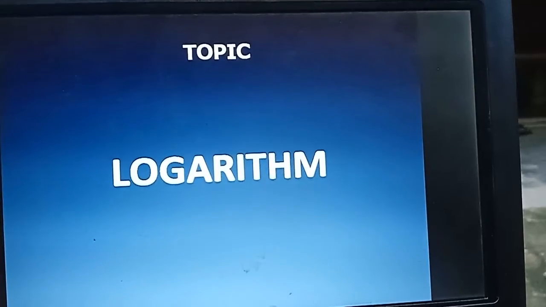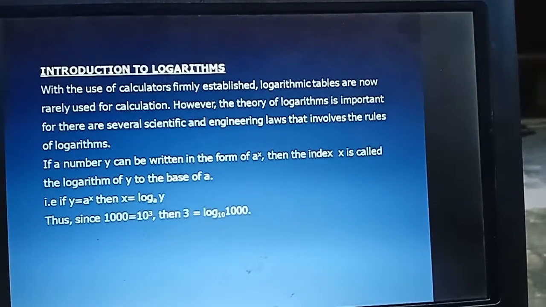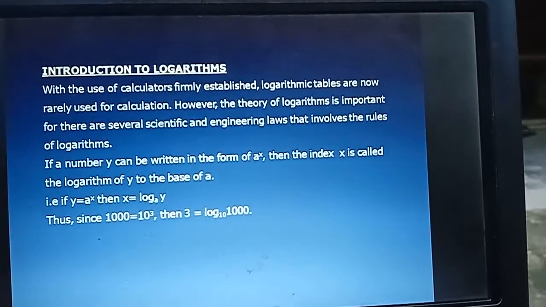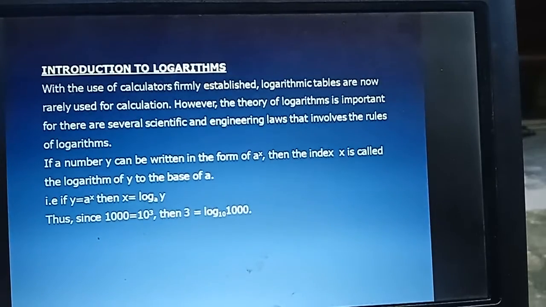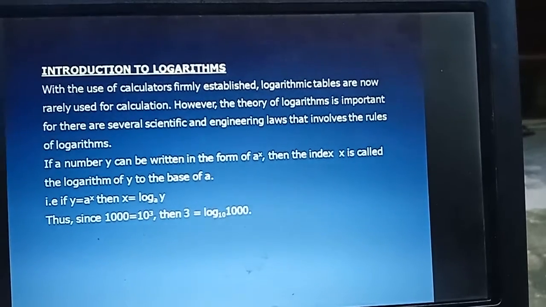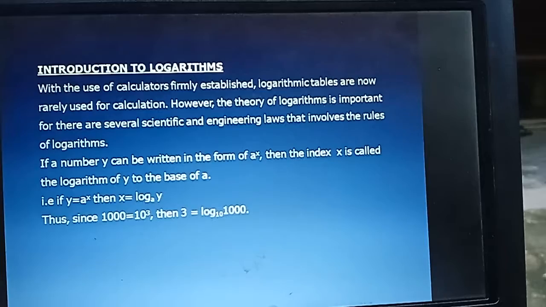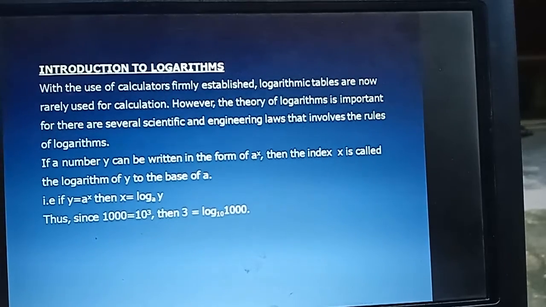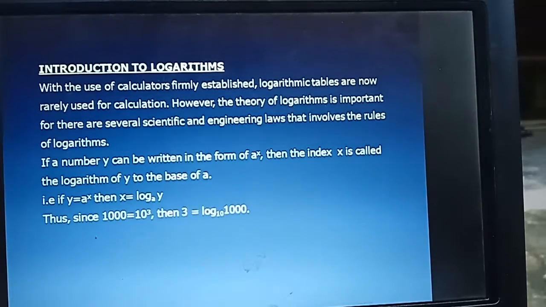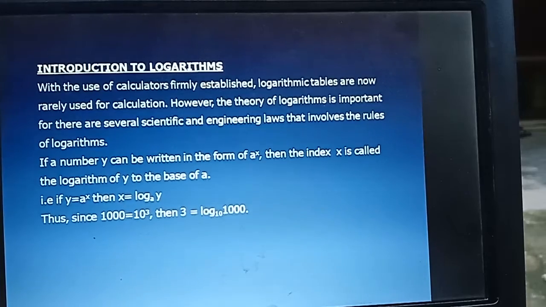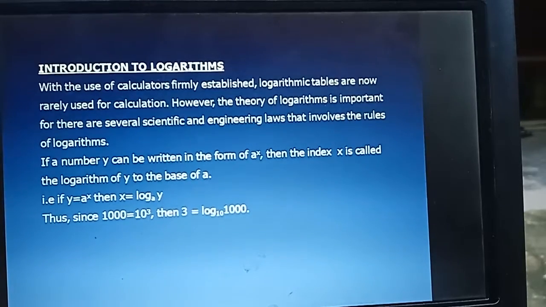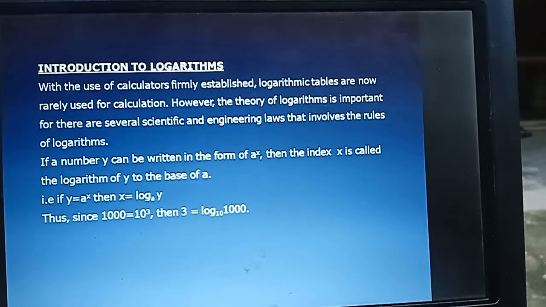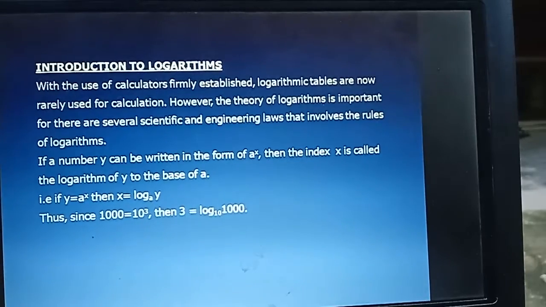Before you go further, let us look into this introduction. As you have seen here, we use calculators instead of logarithm tables to do some calculations under this logarithm. However, the theory of logarithm is important.